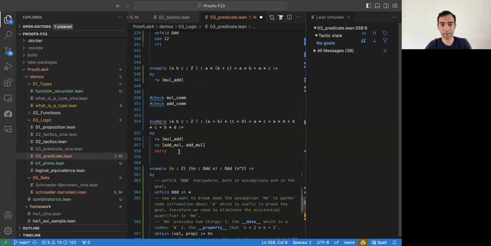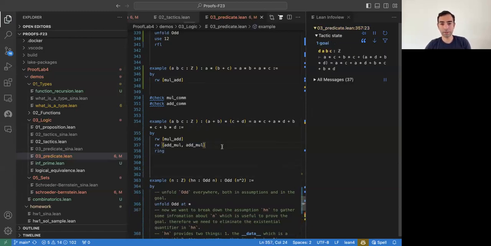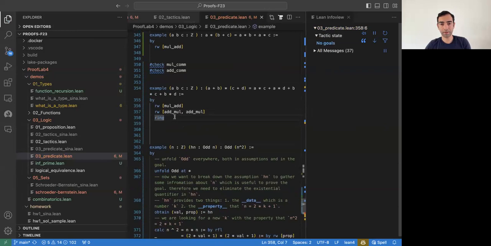Right, so we were here, right? So let's see if ring works. Yep. So in our project, ring should work. Does it work without these two?